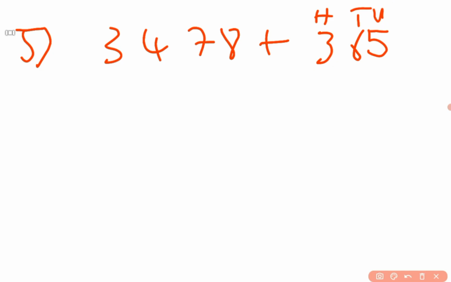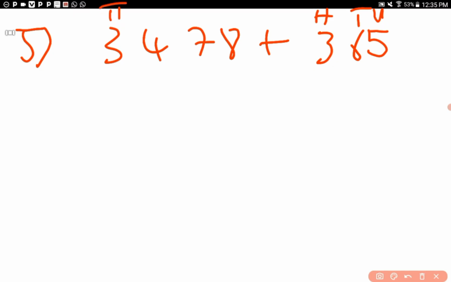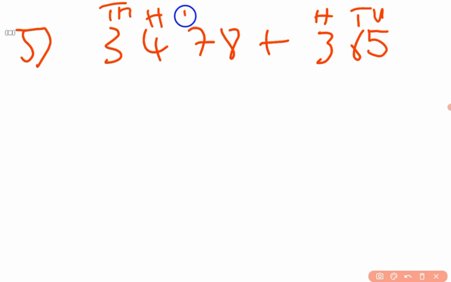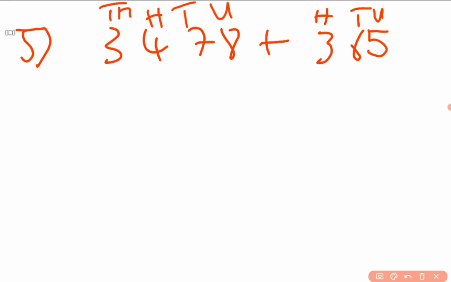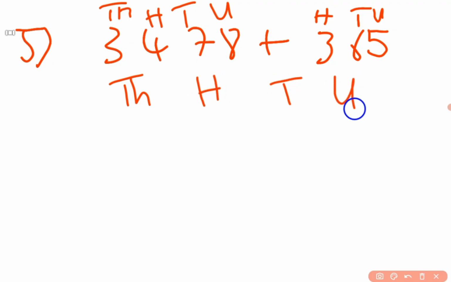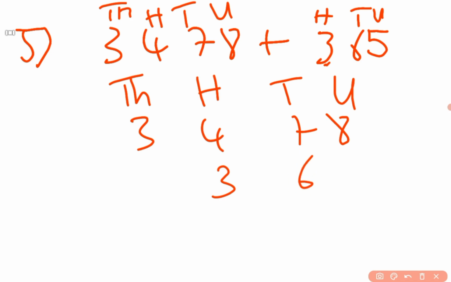Here you have thousand, hundred, tens, and unit. So it means the place value will be thousand, hundred, tens, and unit, where you have 3, 4, 7, 8, and then down here you have 3, which is hundred, so you put 3 here, 6 and 5. So under thousand for this number you put 0.